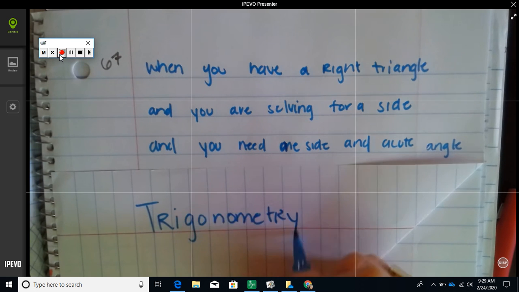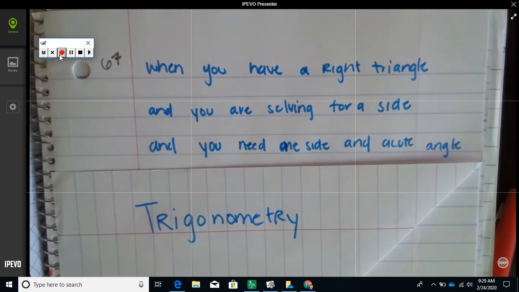Trigonometry comes from three trig ratios that I'm going to talk to you about. Now the steps, we're going to put in this video and then we'll do examples in the other video. You need to follow the steps step by step so you don't mess up. Every step is important.